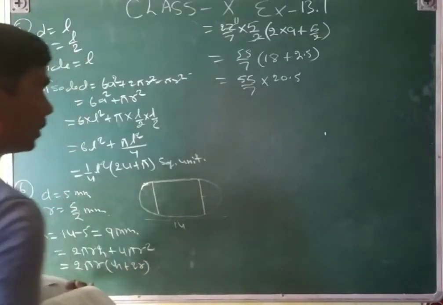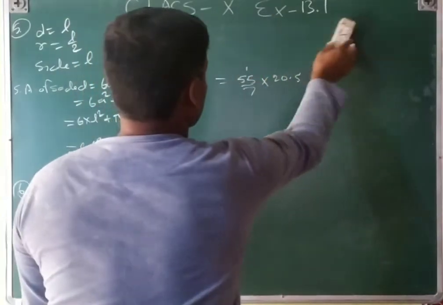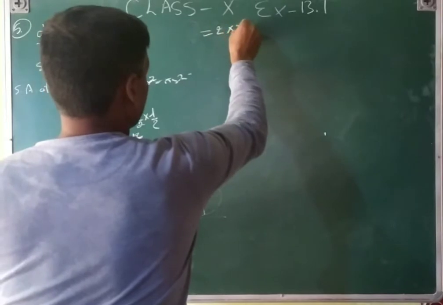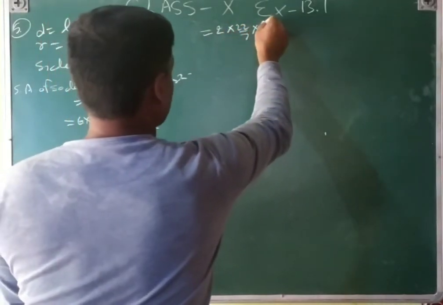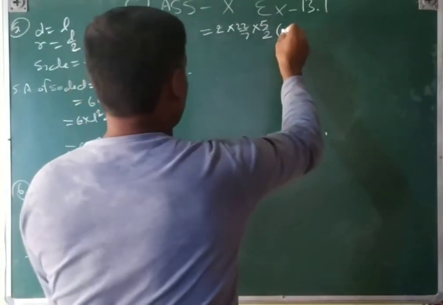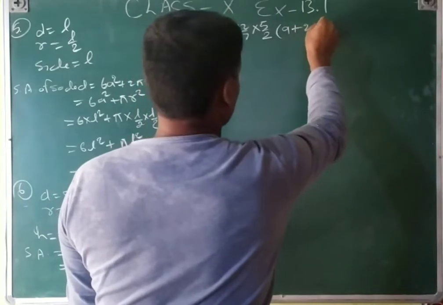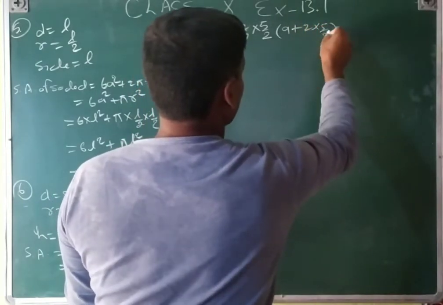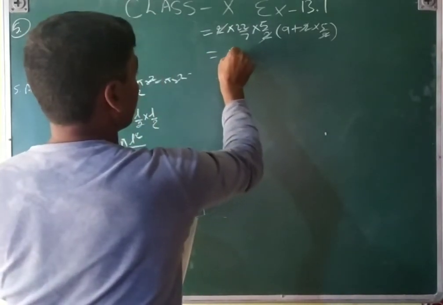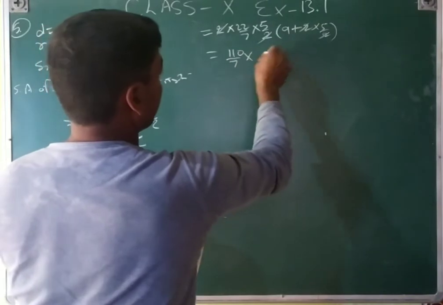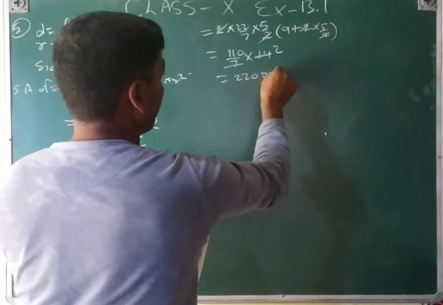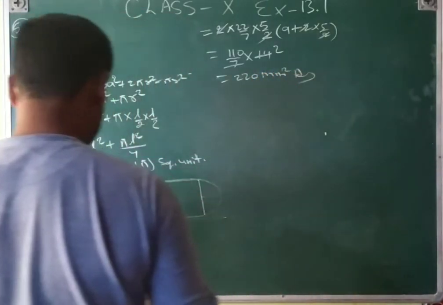Now 2 into 22 upon 7 into r is 5 upon 2, and then h is 9 plus 2 into 5 upon 2. That cancels, this also cancels. So 5 2s are 10, 5 2s are 10, and then 14, 2 11s are 22 mm square. This is the answer.